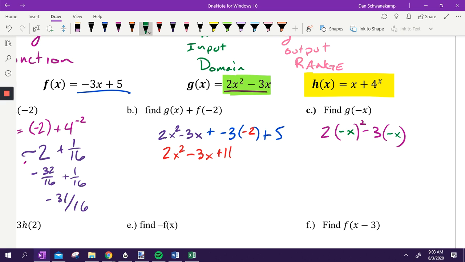What is going to happen when I take a -x value and I square it? It's positive. Okay, -x squared is the same thing as just x squared. So when we see that -x inside the parentheses squared, just make it x squared. And we got a times 2 in front. And then I've got a -3 times the -x. Oh, that's plus 3x. Done. Don't let that be harder than it is. It's just putting together what you got.